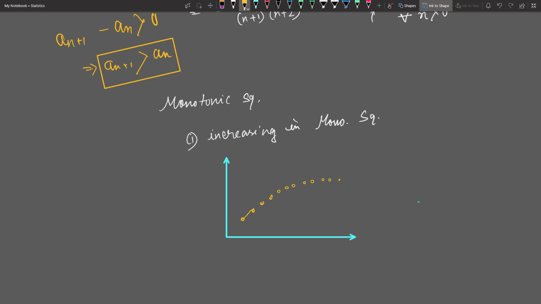This is the graph of a monotonic sequence, but this is increasing.